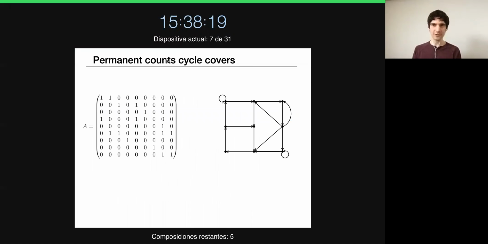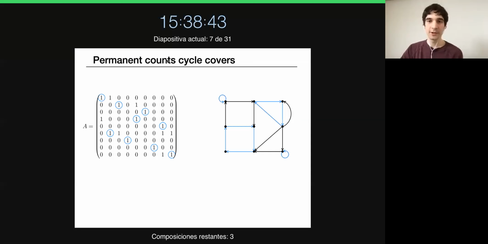So I've just written out some adjacency matrix A here, and its corresponding graph on the left. If you look at a non-zero term of the permanent of this matrix, then the corresponding edges in the graph form what's known as a cycle cover. It's just a collection of disjoint cycles that touches every vertex.